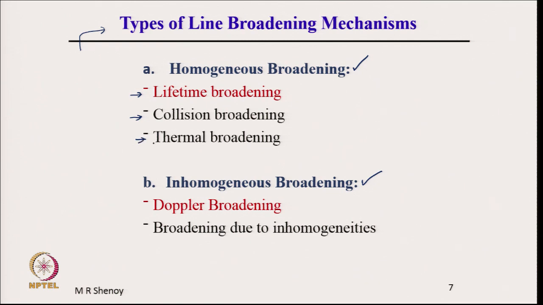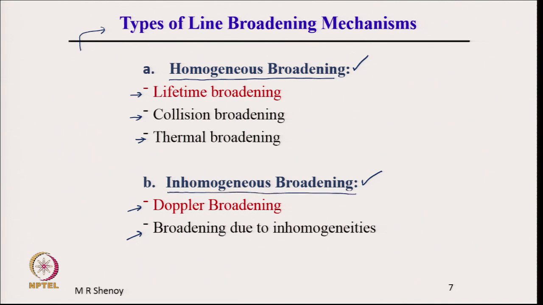All of these mechanisms contribute to homogeneous broadening. Whereas Doppler broadening, as I already explained to you qualitatively, and broadening due to inhomogeneities, again explained qualitatively, lead to inhomogeneous broadening.